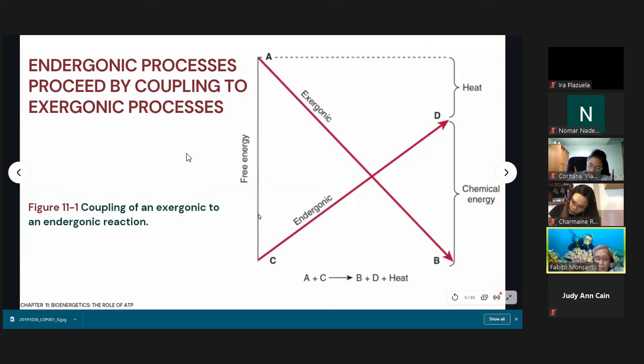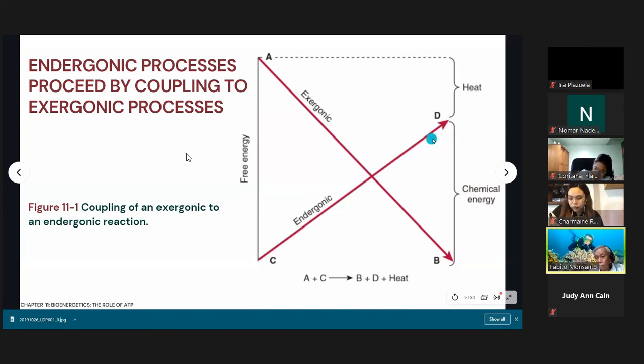In our system, our cells, an endergonic reaction that requires energy usually couples with an exergonic reaction, meaning whatever energy is released here will be used to propel the endergonic reaction to occur.